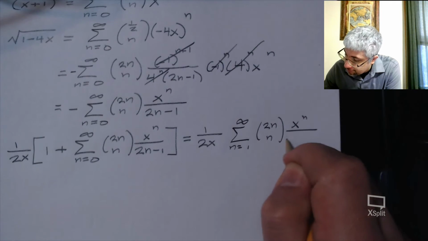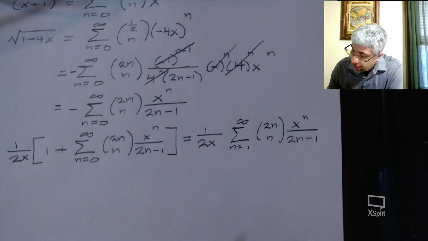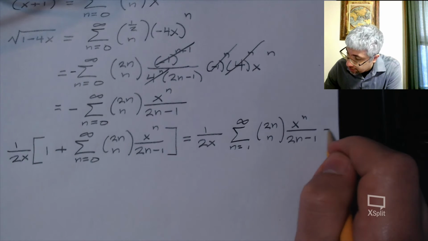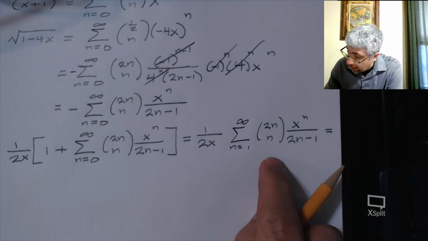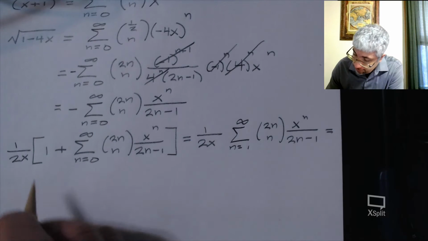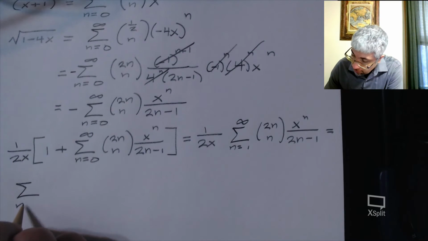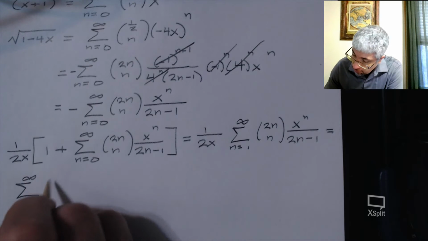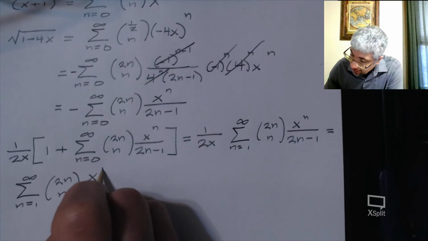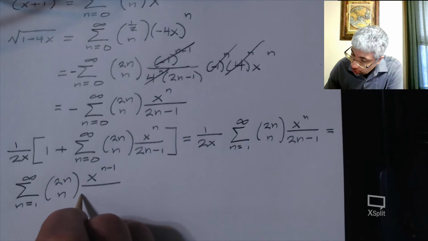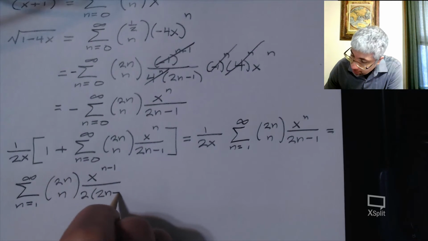Same series. Okay, so what's this going to be? Well, let's see what to do next. I could bring this in. So I'll get an x to the n over 2 times 2n minus 1.